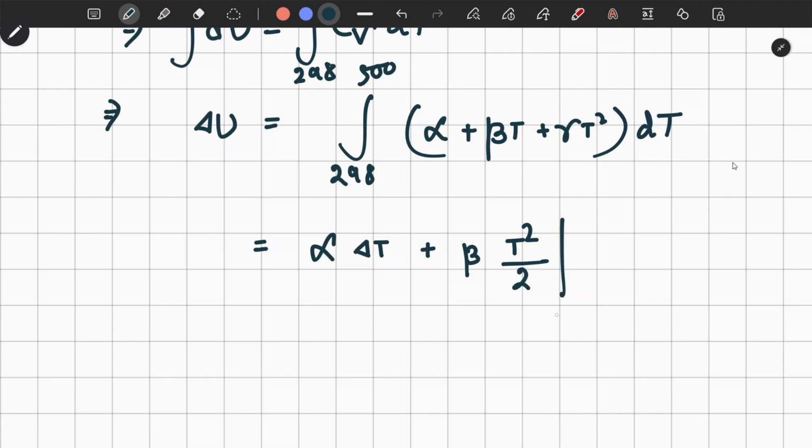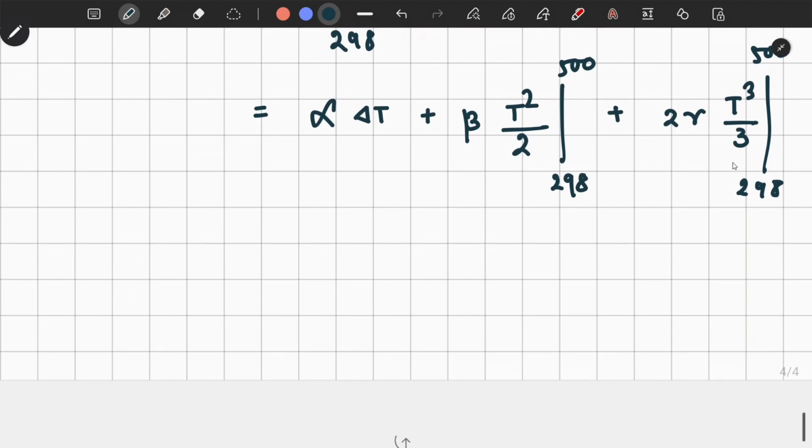From 298 to 500, plus gamma T cube by 3, from 298 to 500.